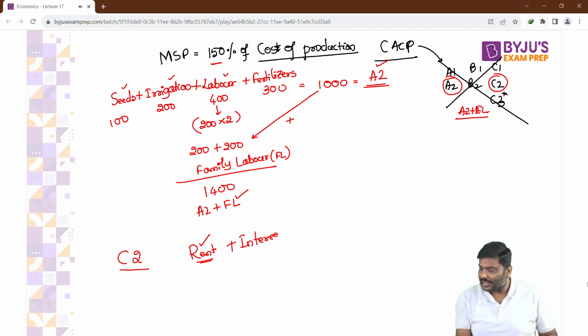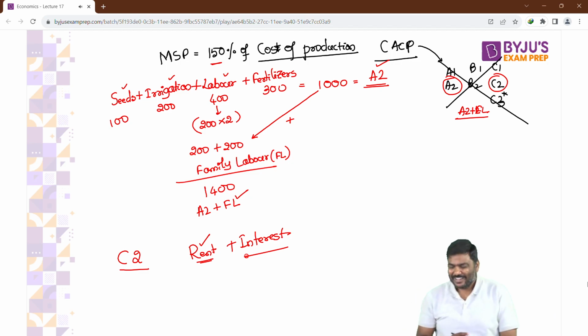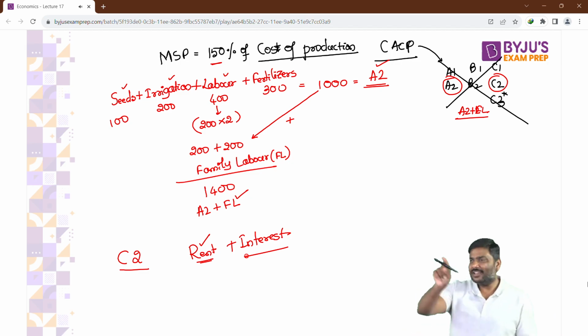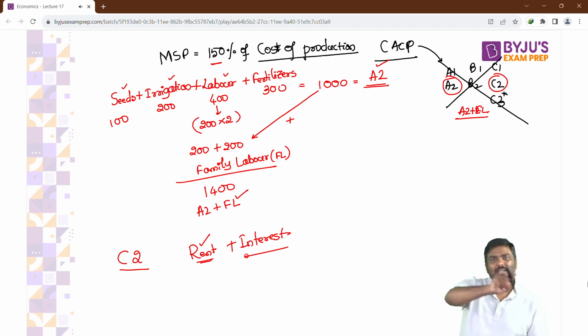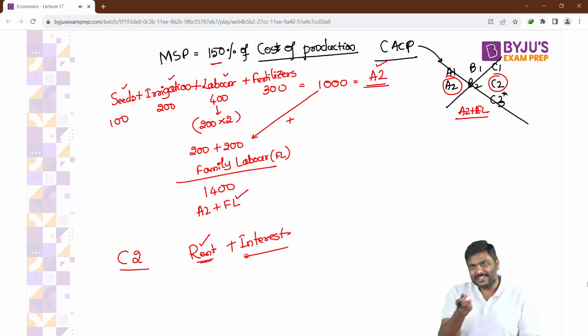Some of you are saying no. Oh my dear. If you have 100 rupees, rather than keeping it in FD, you use the 100 rupees to purchase something else. Is the interest not opportunity cost for you? We have discussed opportunity cost in the first class.